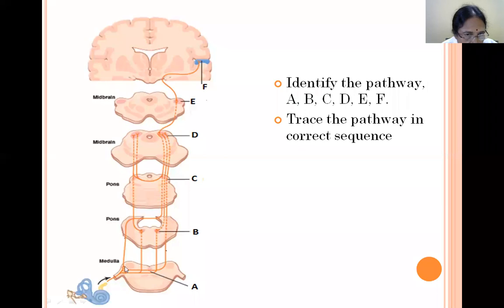Most of the fibers from the dorsal nuclei go to the opposite side, and the ventral nucleus fibers also go to the opposite side. Then the superior olivary nucleus, the lateral lemniscus, then the midbrain, and finally the thalamus and the auditory area.